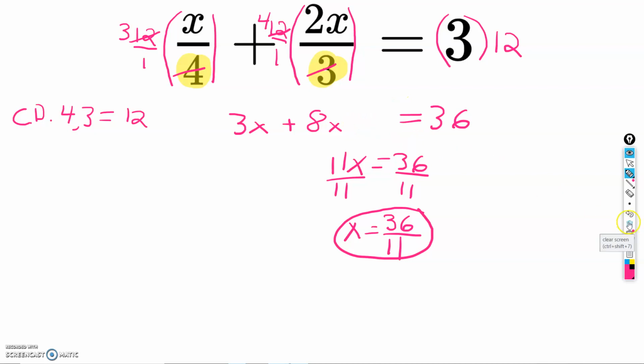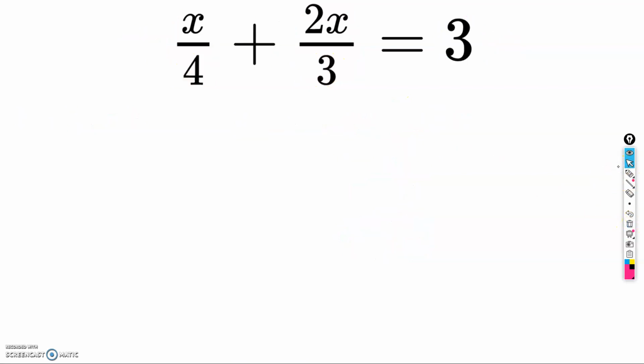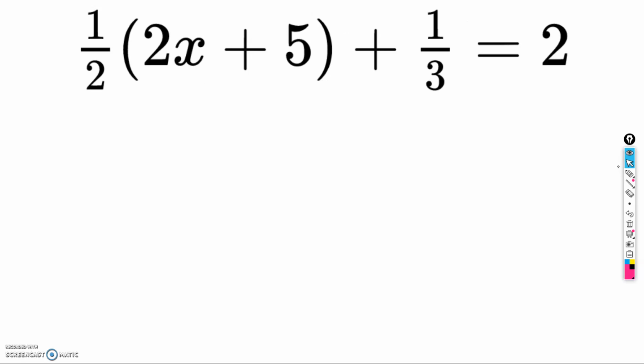Alright, let's try that again. Let's trash that and go to the next one. What if you have fractions and you have parentheses in there? How do we deal with that? Same process. Let's figure out what our denominators are. Where are our denominators?